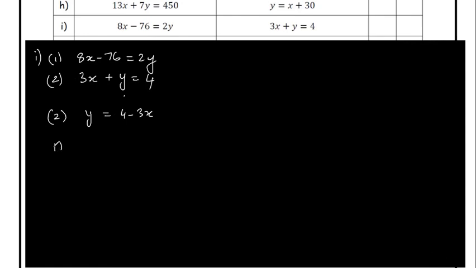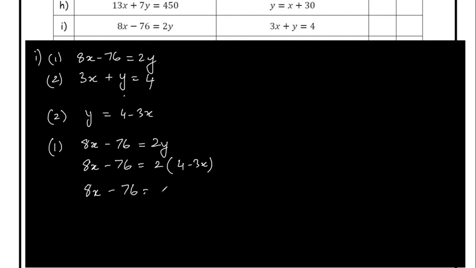Okay, now I'm going to substitute the value of y in the first equation. And I do my substitution. 2 times 4 is 8 minus 6x. So that's 14x is equal to 8 plus 76. That is 84. 14 5s are 70, sorry. So 14 6s are 84. So x is equal to 6.